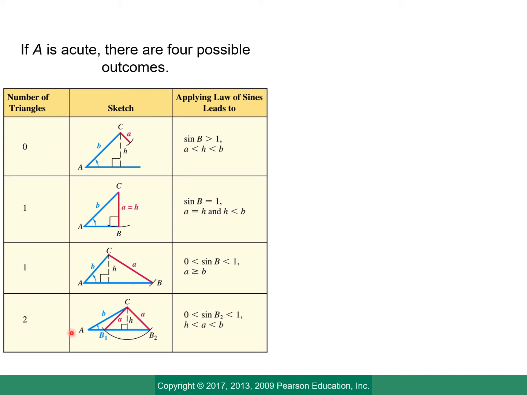Now I just want to clarify this drawing down here. The reason why you have two triangles, if side A is smaller than side B, well, this leg of side A, think of it like swinging inward toward the triangle. You can have this little wedge looking triangle if side length A is shorter than B. But then also if side length A is longer, think of this leg as swinging out, like swinging to the right.